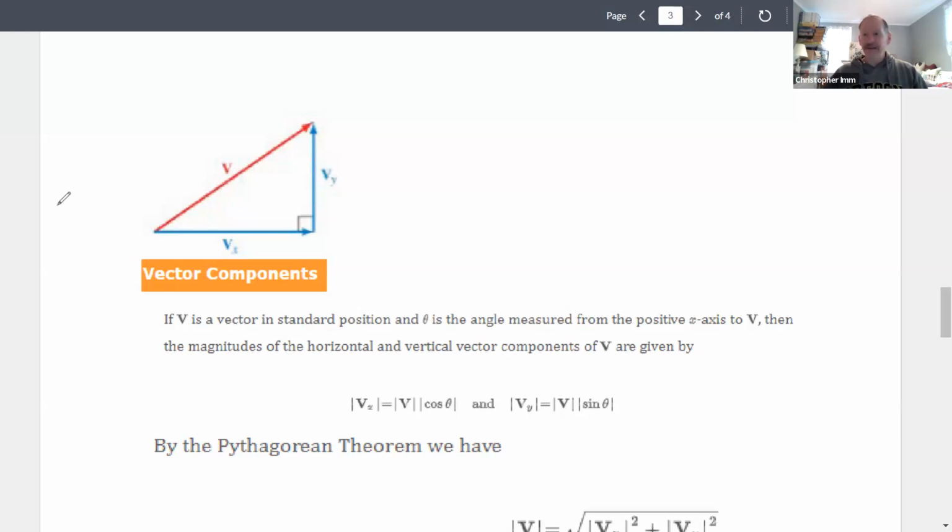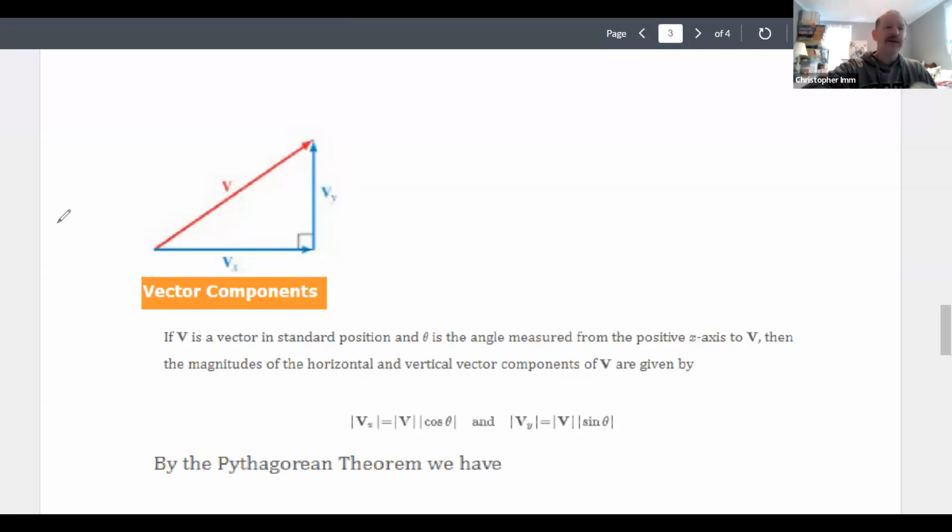So vector components are going to be the lengths of the vector. So it's going to be a scalar quantity in each direction. We can really get this from the angle that they create in standard position. So I'm going to be looking at this angle here, theta, from the horizontal of this vector v. If I want to find v sub x, the horizontal direction, I have a trig ratio for that.